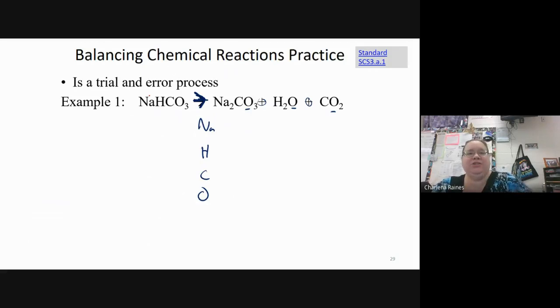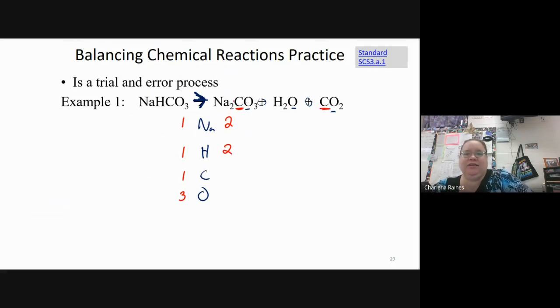Now, this particular reaction, we've got our sodium bicarbonate decomposing into sodium carbonate, water, and carbon dioxide. My initial count on the left is fairly straightforward. It's my product side that gets a little complicated. So 2 Na's, hydrogen is 2, carbon, well, they're in 2 places.